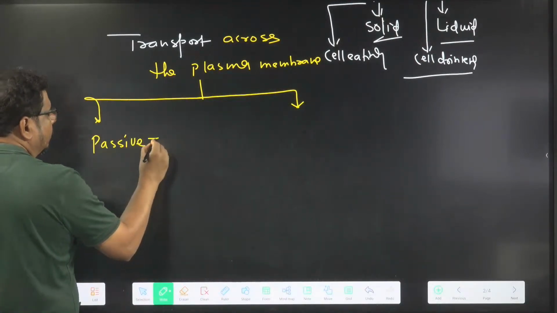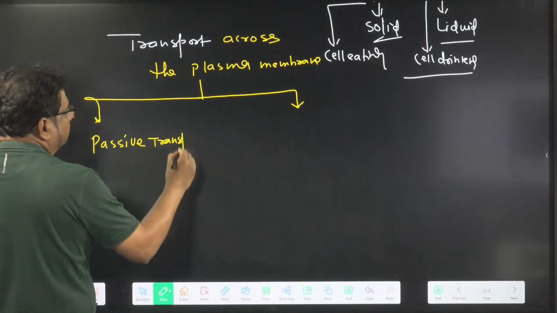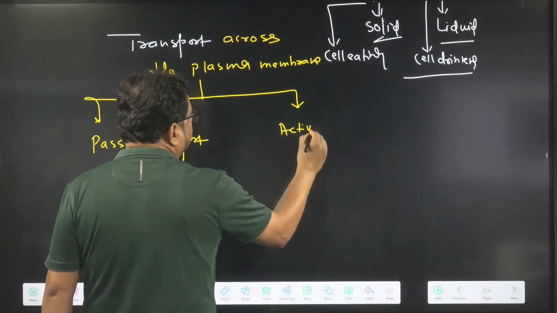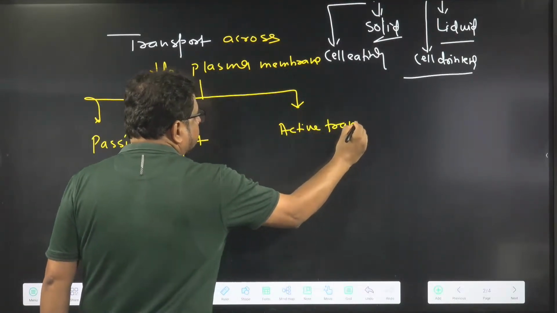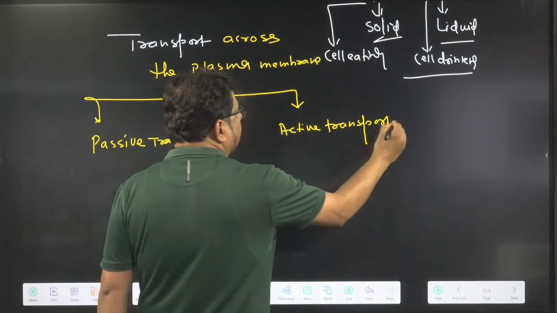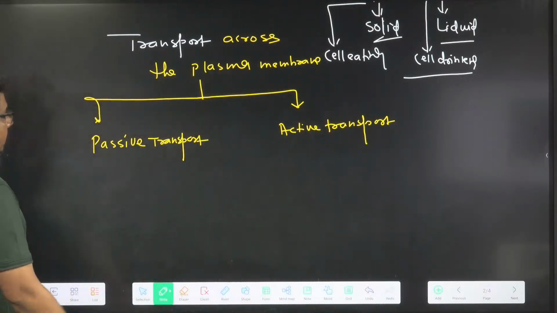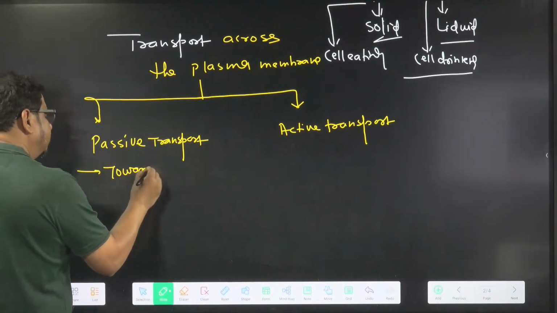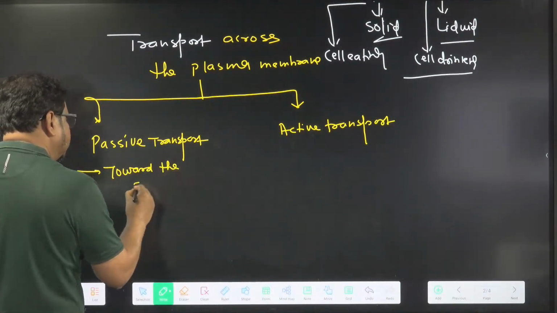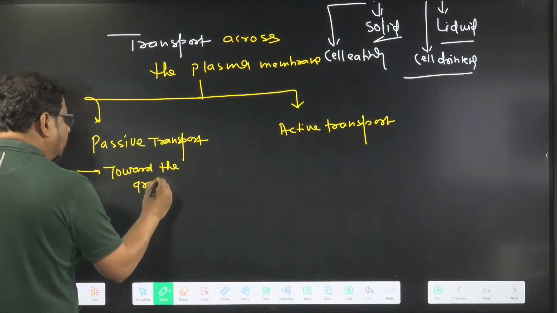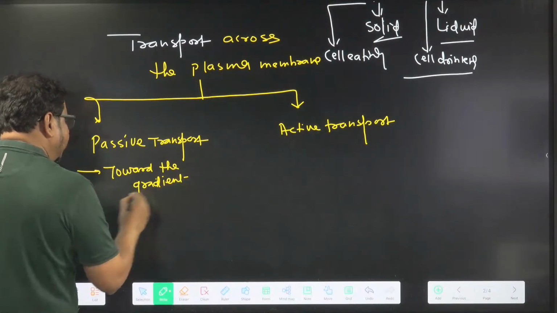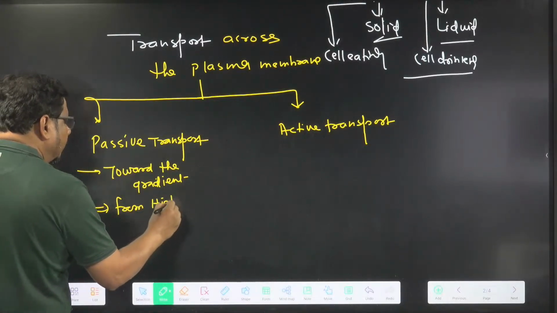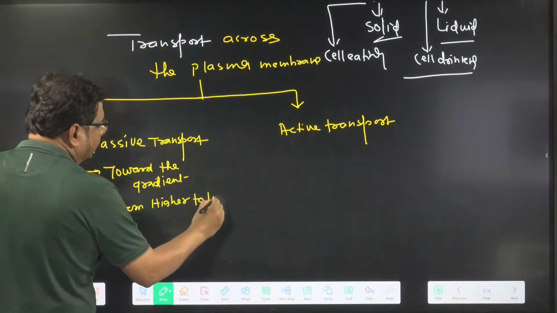Passive transport occurs along the gradient. Along the gradient means from higher to lower concentration.